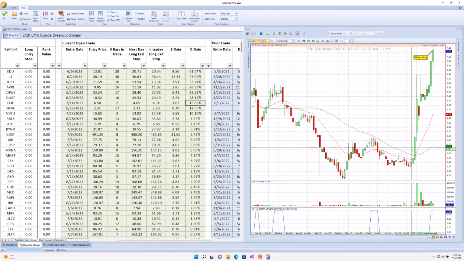All right, remember last week we looked at this. Turns out now that FFIE, so this is the first bar that was completely above the 20 EMA. This is the second bar, 10 cents above this high would have been here. So this trade would have entered on Thursday and still be in on Friday. This is problematic potentially because it's already made a huge move from here to here.